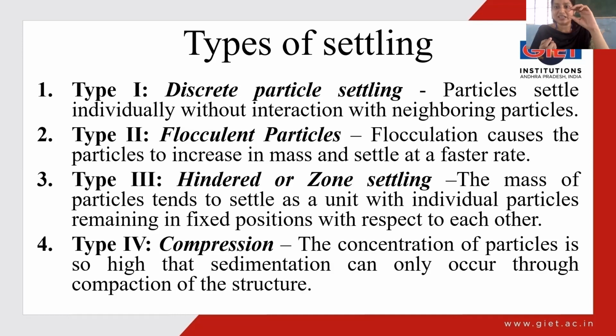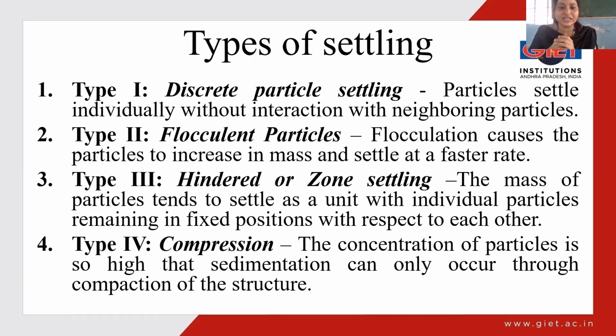So this bigger particle is going to take those smaller particles down with it. This is nothing but hindered or zone settling. The meaning of hindered is hide. So the suspended particles that are hiding are going to be taken by this bigger particle which has some weight, and all of this is going to settle down. This is type 3 settling.